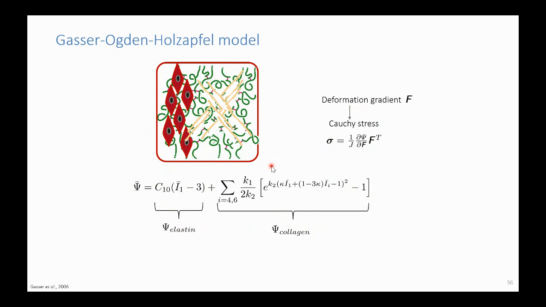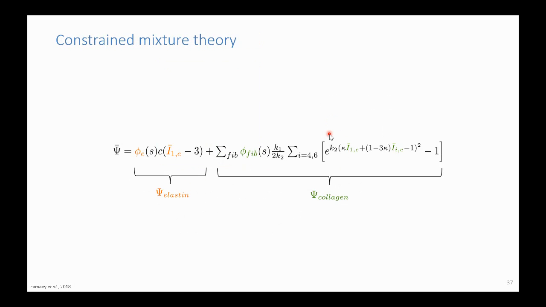And while this strain energy density function, I guess most of you are familiar with it, it has the property that if you take the partial derivative with respect to the deformation gradient, so the global deformation gradient of such a volume element, then you end up with your stress tensor.